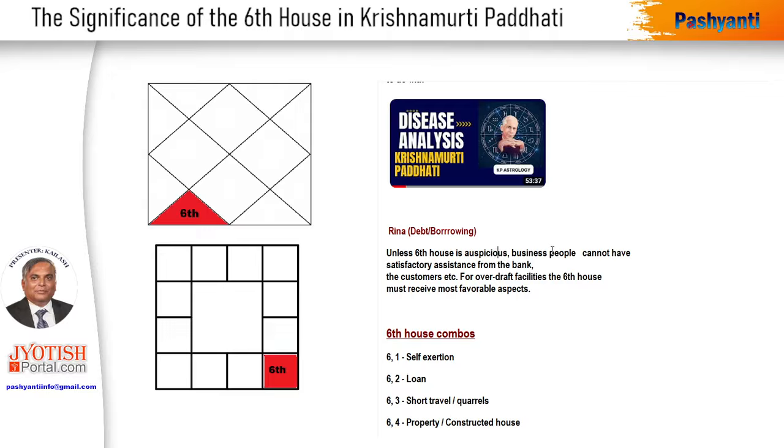Otherwise the pressure of the borrowing or the EMI is too much. And similarly for the businesses, the overdraft facility to run the business smoothly, for that also they have to depend on the bank. So the overdraft facility is also seen from the sixth house.